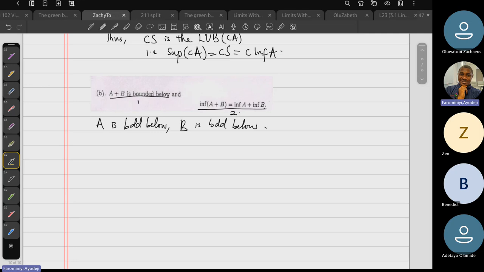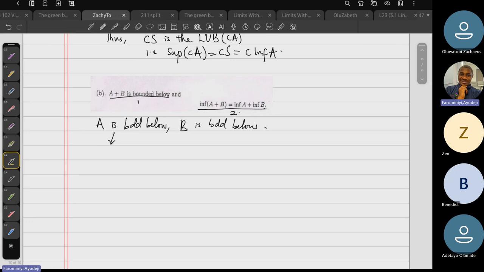So let's start with the fact that A is bounded below. What does A being bounded below mean? It means that there is an infimum. I don't know why there is feedback, but I've muted you. So A and B are bounded below.